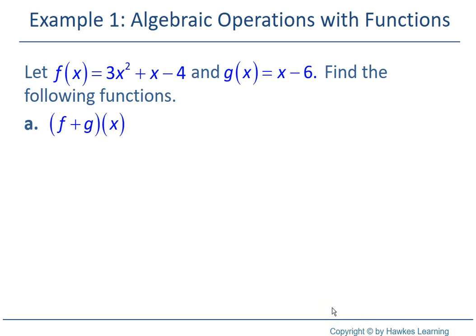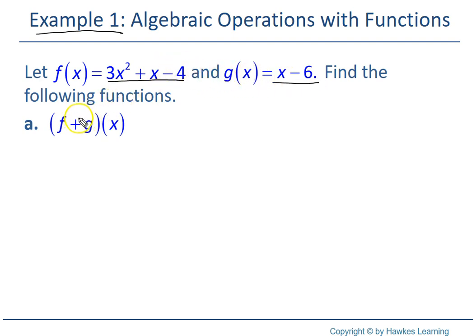So again, in your notes, you're going to put example 1, and you're going to write this example. Now here, our function of x is this, and the g function is this.